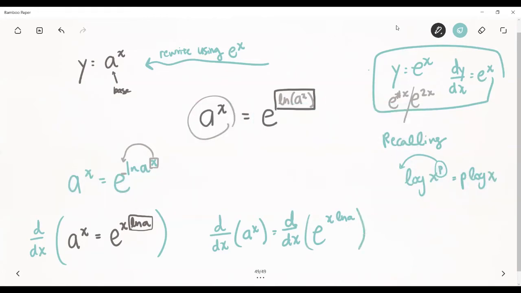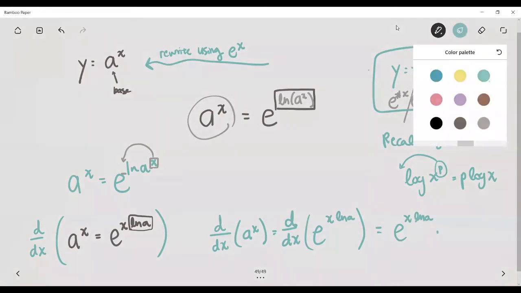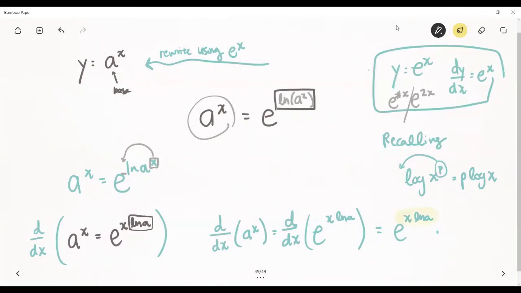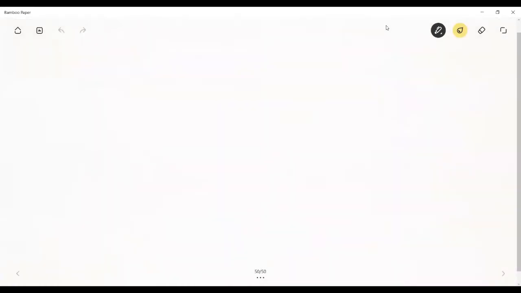And by chain rule, we know derivative of e to the stuff is just going to be e to that stuff, but then by chain rule times the derivative of this inside portion right here. And if we take the derivative of that, so natural log of a. If we just look at that and spruce it back up a bit, because derivative of a to the x, we get equals e to the x natural log of a times natural log of a.